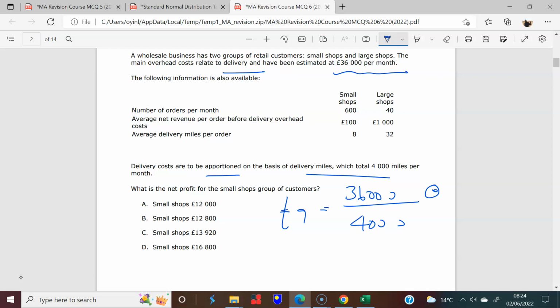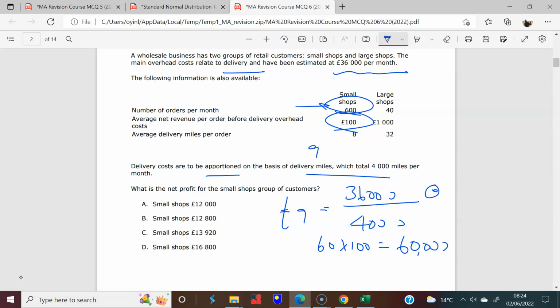Right. So anyway, the question is asking what's the net profit for this small group of shops? Well, it's not too bad. 600 is the number of orders, and that's the revenue per order, isn't it? So you have 600 times 100, which is 60,000.